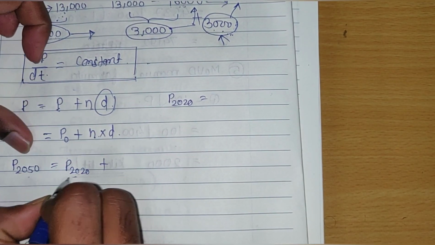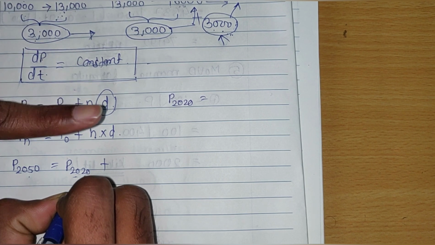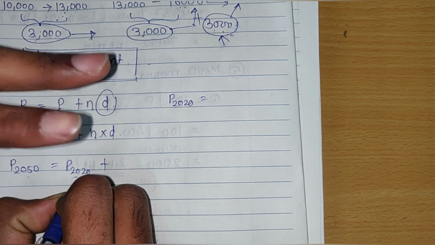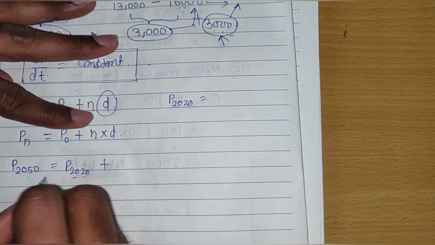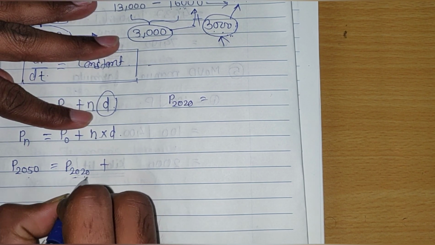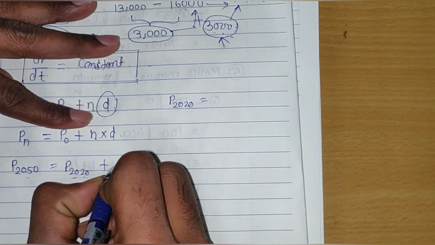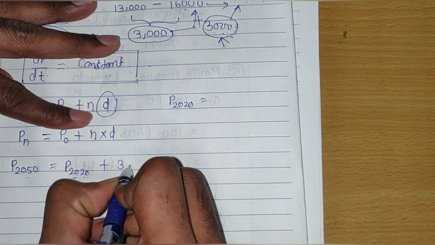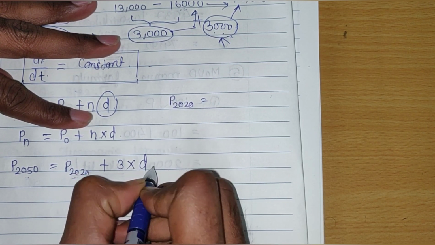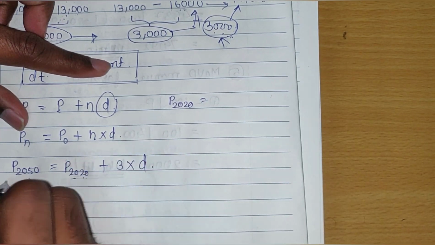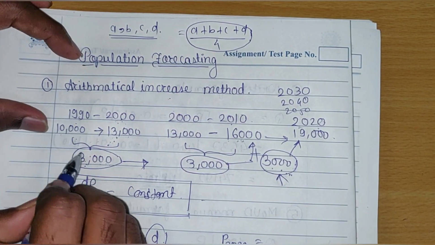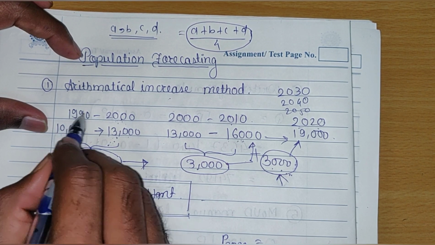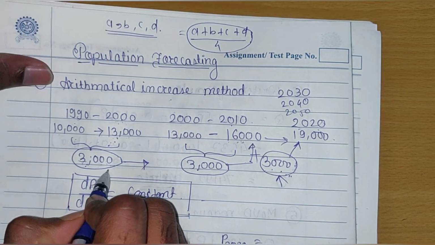In this, from 20 to 30 is 1 decade, 30 to 40 is 1 decade, 40 to 50 is 1 decade. That means the total number of decades between 2020 and 2050 is 3. That means here the value of n is 3, into d, the difference in each decade. For a particular decade the d value is 3000, and for all these decades the d value is 3000.